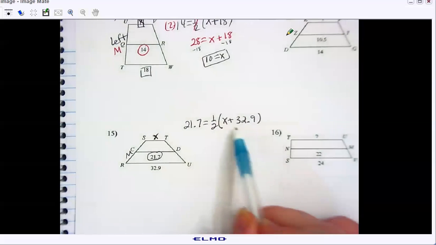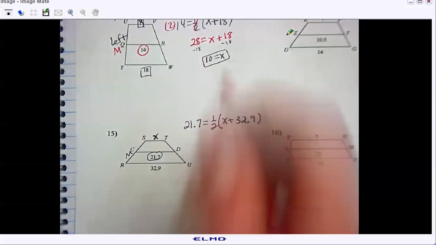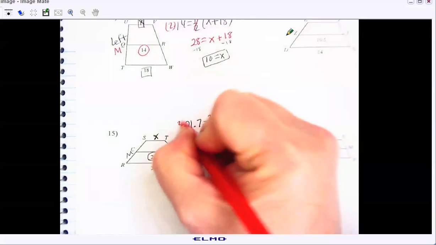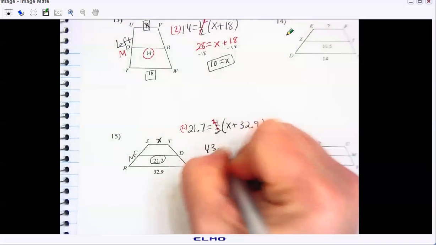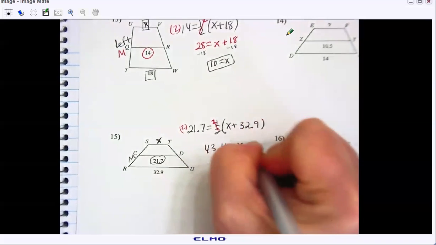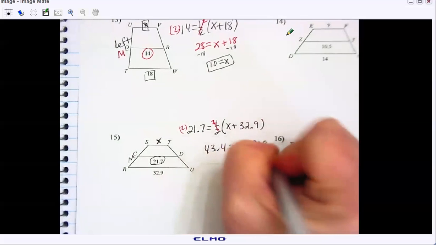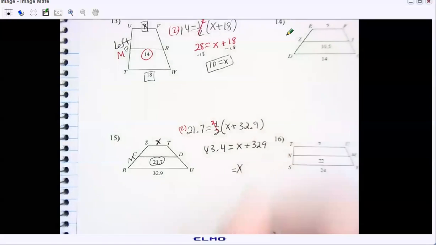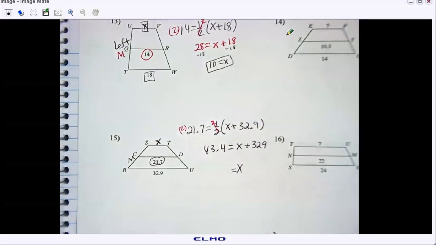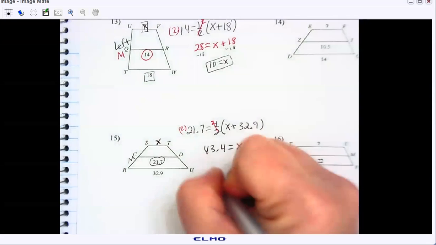That's why I can't add those, but I can still get rid of the fraction. This will give me 43.4 is equal to X plus 32.9. Okay, so subtract those and tell me what we get. I got 10.5. Perfect. 10.5.